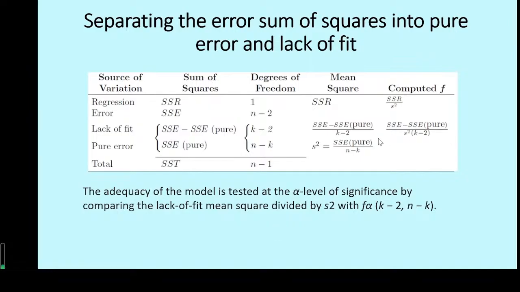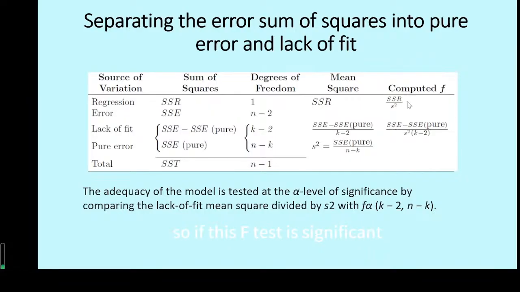We will test this part. The null hypothesis is that the lack of fit is very small, that is 0. Under this assumption, this term will follow an F distribution with these two degrees of freedom.